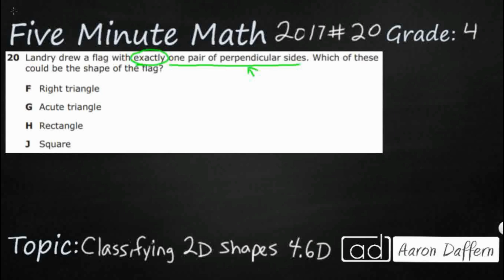And perpendicular sides or perpendicular lines form when you have lines that make, and there's a few different ways we can say this, a 90-degree angle. We can also call this a right angle.